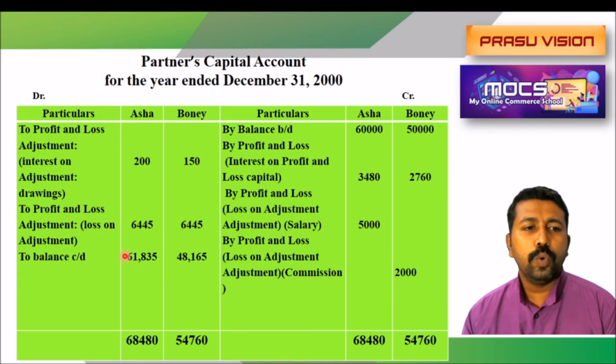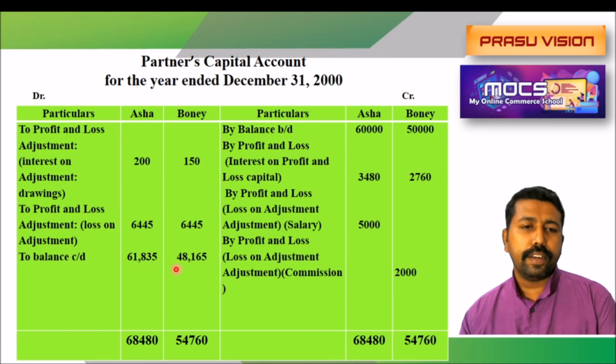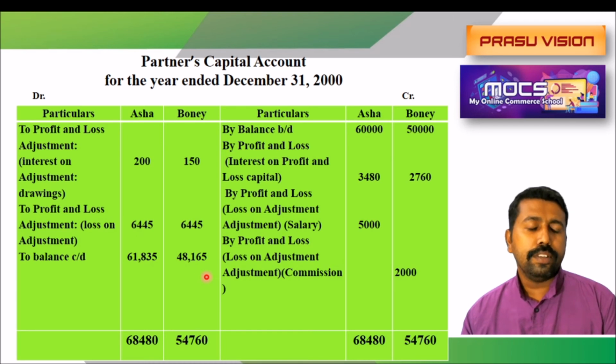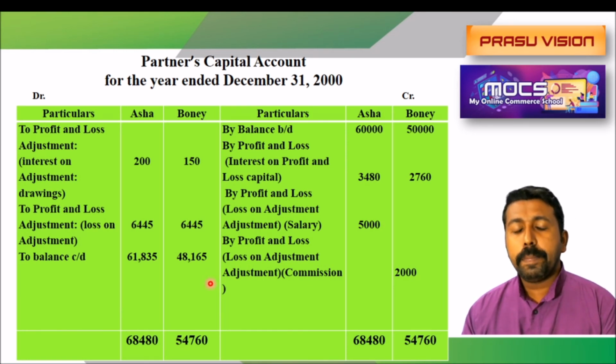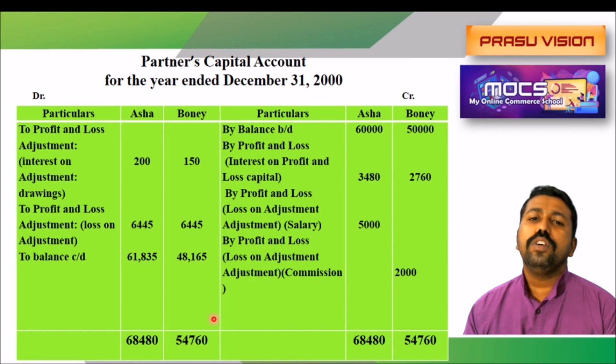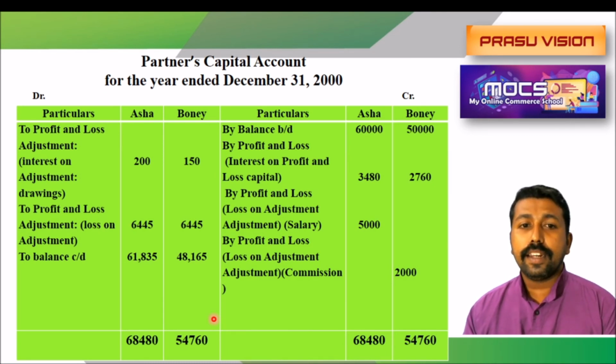The difference value is their closing capital, or the capital balance at the end of the year, 61,835, and for Boni 48,165. So this is the way to write the adjustment entries separately, prepare the profit and loss adjustment account, and transfer the entries from profit and loss adjustment account to partners' capital account for rectifying the errors for the omitted items.